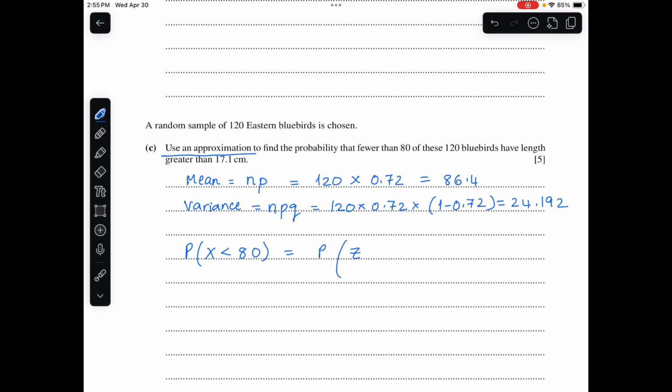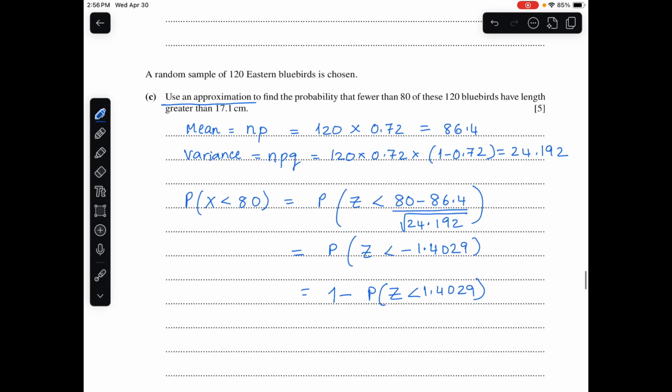So again, standardize it. It's going to be 80 minus the mean, which is 86.4, divided by the standard deviation, which is the square root of the variance. So the square root of 24.192. This works out to be, the z-score is negative 1.4029, and then you do 1 minus the probability of z-score less than the positive 1.4029.